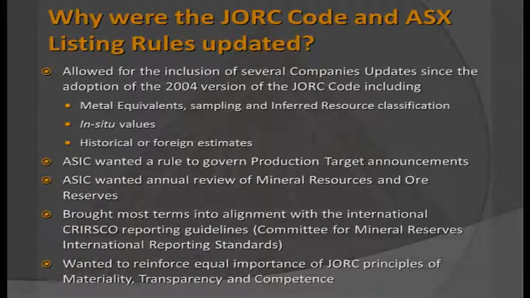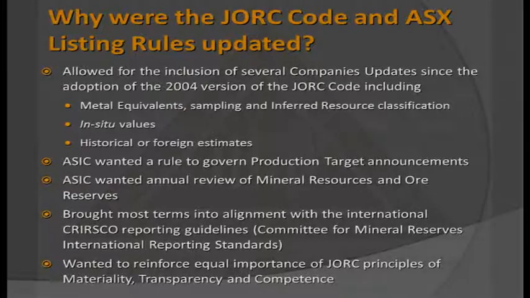And it really got to a point where we had a number of additional pieces of guidance that sat outside the JORC Code. ASIC was also very keen to introduce a rule to govern production target announcements. That was an area where there had been no prior guidance of any kind. They also wanted to include an annual review of mineral resources and ore reserves, which previously had not been in place.